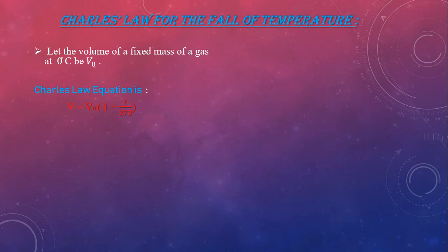Now for this Charles' law, we will write this t to be negative. Now the t will decrease, it will not increase. t will not be some 5 degrees, 6 degrees. Now t will be negative. Now what kind of negative? Now we are considering 273 degrees.